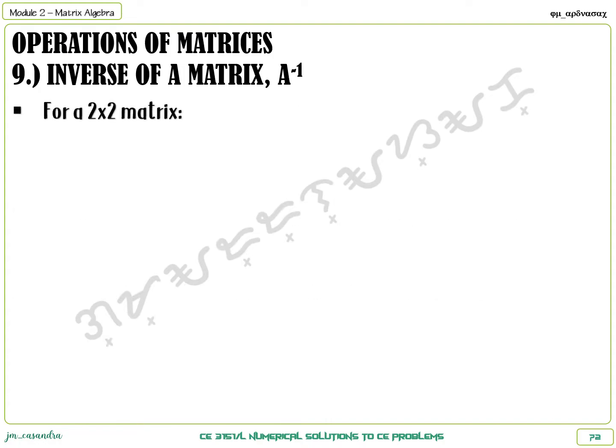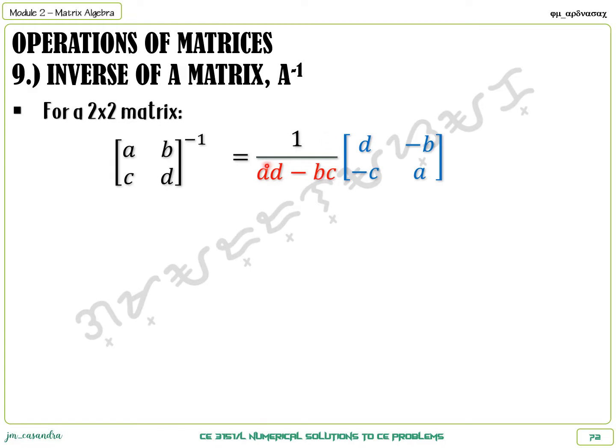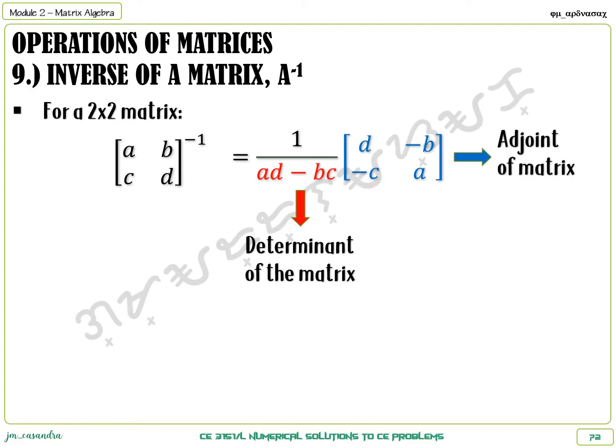For a 2 by 2 matrix, the inverse can be written as 1 over AD minus BC multiplied to the matrix D, negative B, negative C, A. Take note that AD minus BC is the determinant of the original matrix, and the matrix here is equivalent to the adjoint of the original matrix.